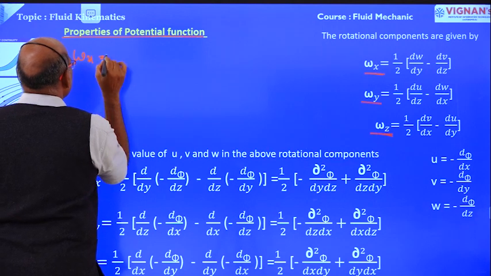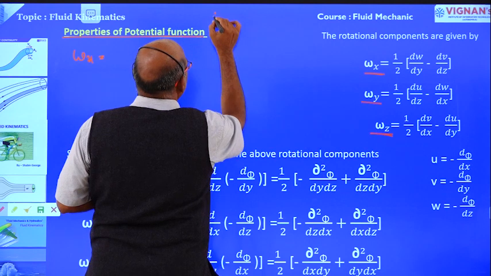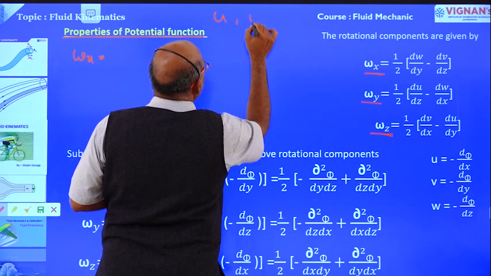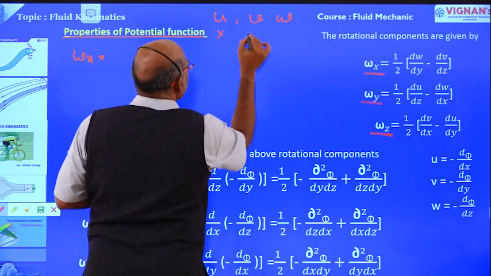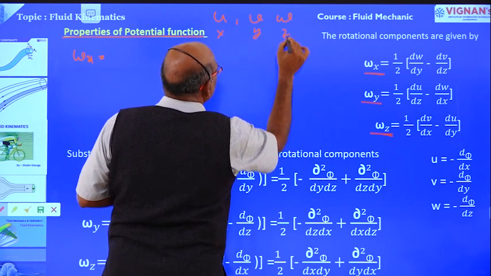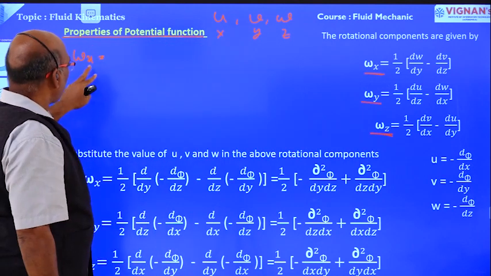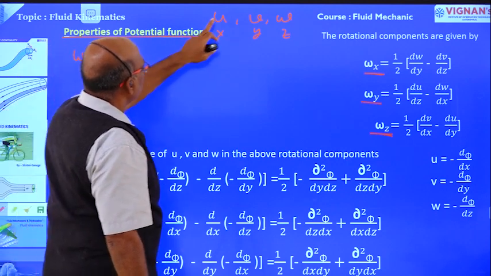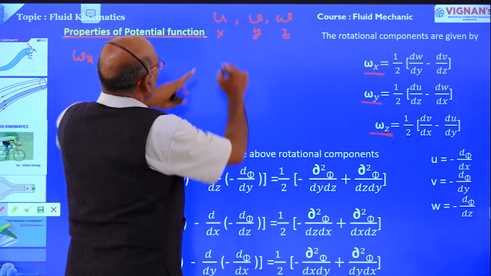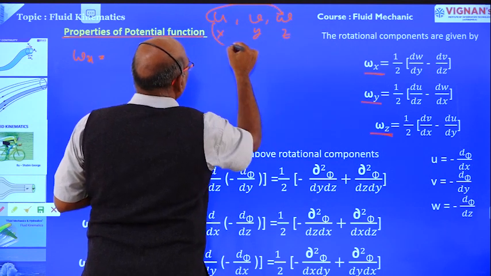in x direction is equal to, we know the velocity in x direction u, velocity in y direction v, velocity in z direction w. This is x direction, this is y direction, this is z direction. Now, for the x direction: before u comes w, after u comes v.